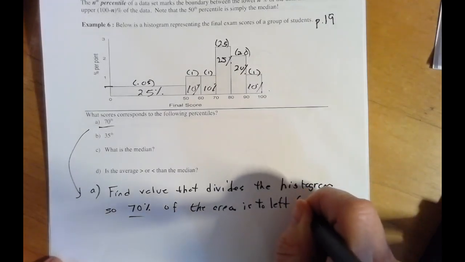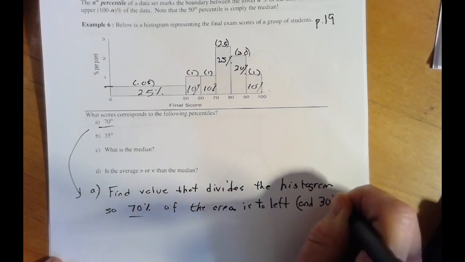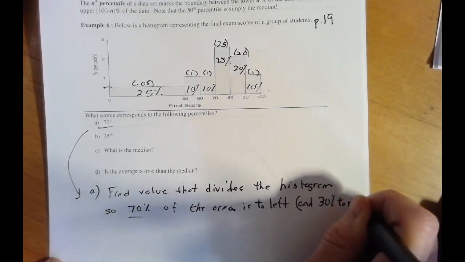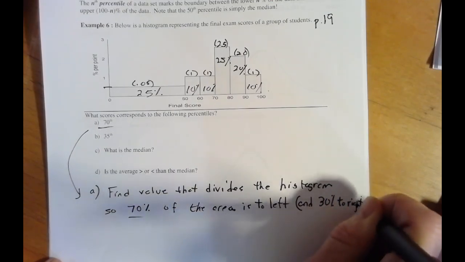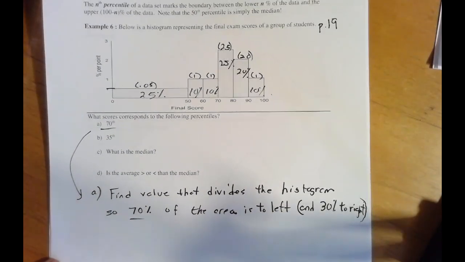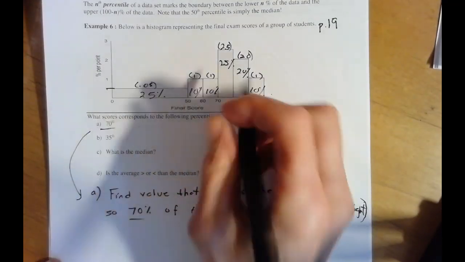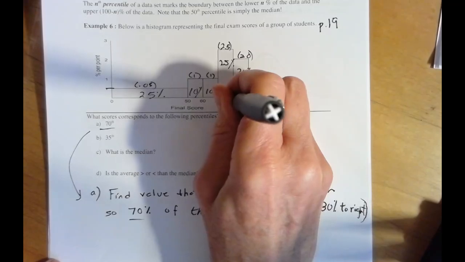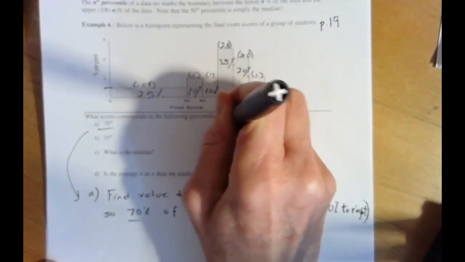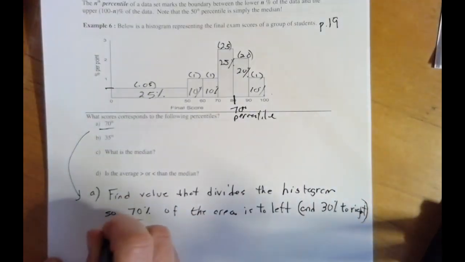And that means, of course, 30% to the right. So here's 30% to the right, and here's 70% to the left, and that's the 70th percentile. So our answer is a final score of 80.